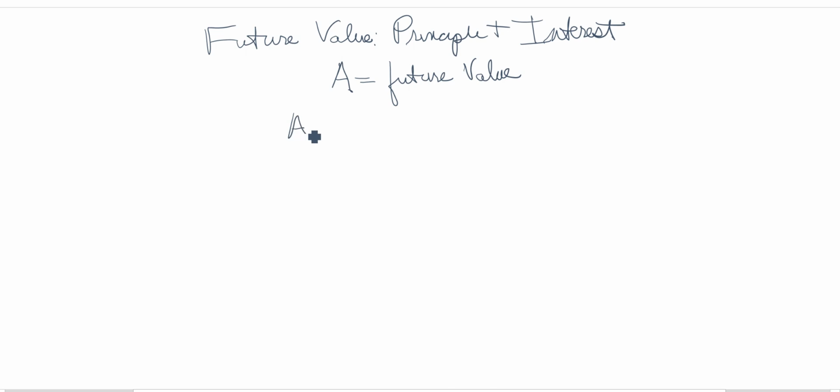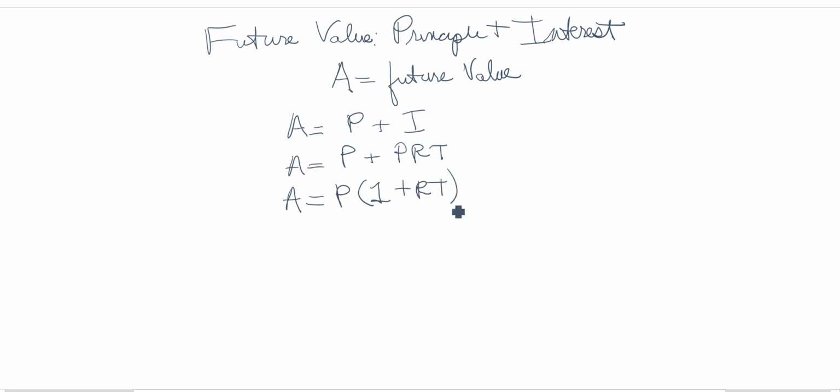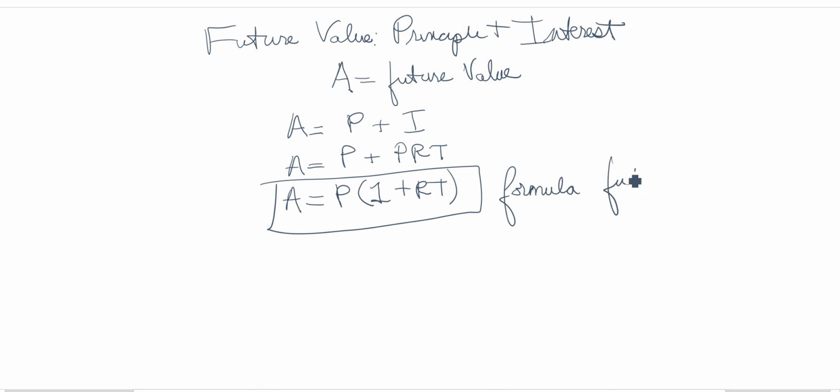Now, A is equal to the principal plus the interest, but a lot of times we look at that interest as the principal times the rate times the time. If I think of undoing distribution, that gives me the principal times 1 plus RT. This is the formula that we'll use for future value with simple interest.